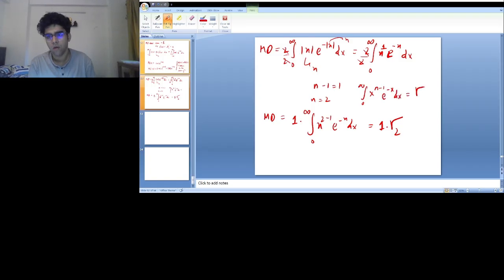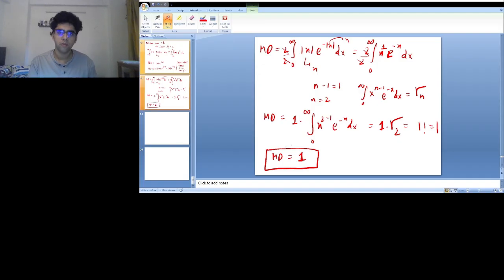So this becomes gamma 2, and gamma 2 is 1 factorial, since gamma n is n minus 1 factorial. 1 factorial is equal to 1, so 1 into 1 is 1, so mean deviation is equal to 1. So we proved all the parts.